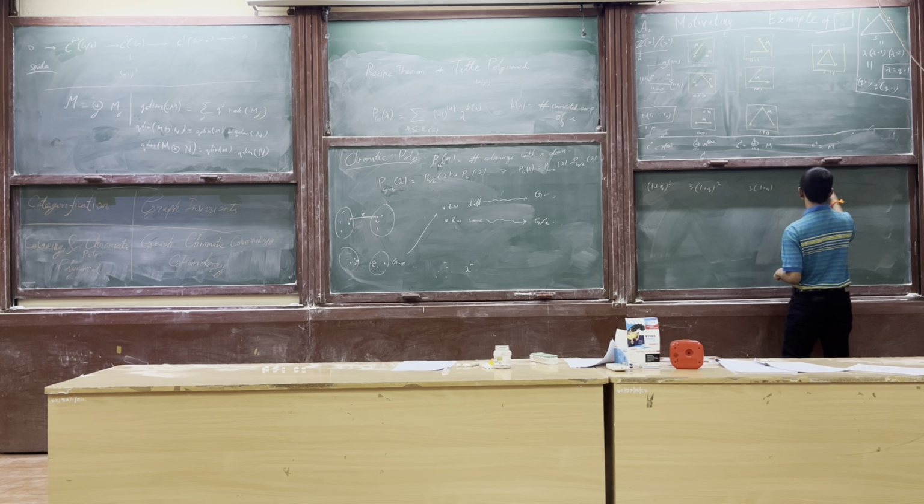The q should not be there, right? Yeah, this was one. So this gives the same as the chromatic polynomial.